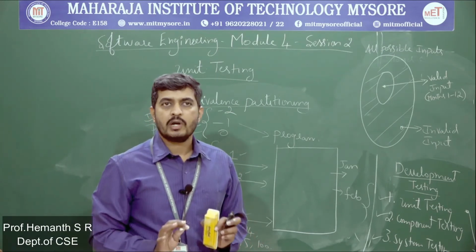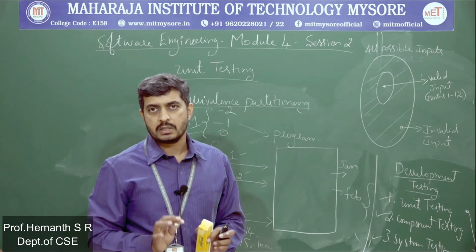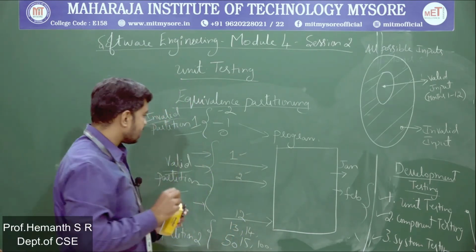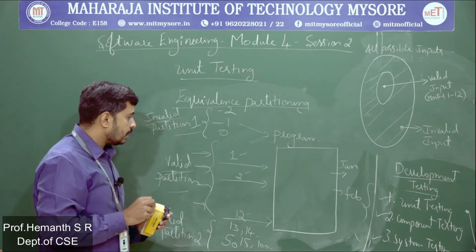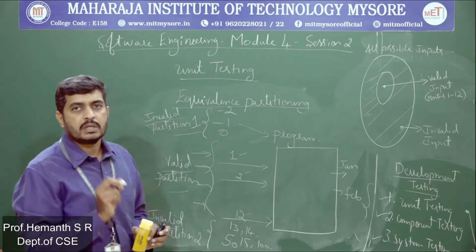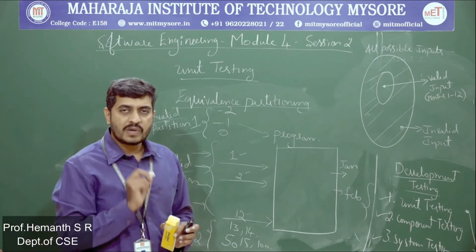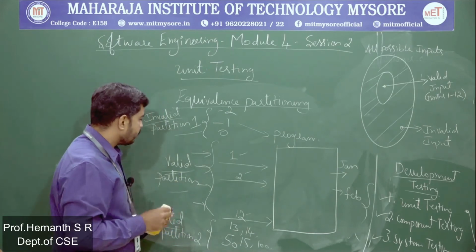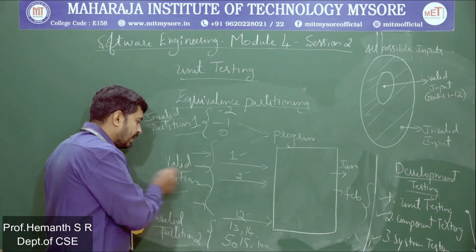The solution is what we call boundary value analysis. So what is boundary value analysis? Typically, errors occur near the boundary values, and those values are selected for testing. Those values are used in test cases. For example, consider the valid partition.